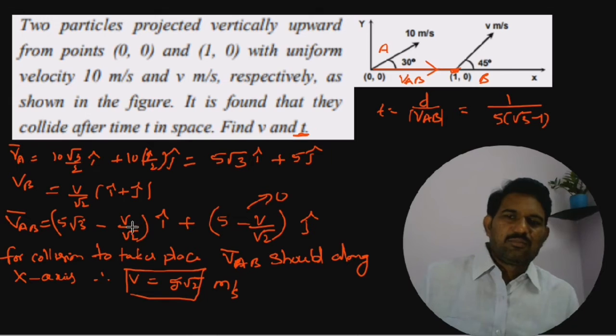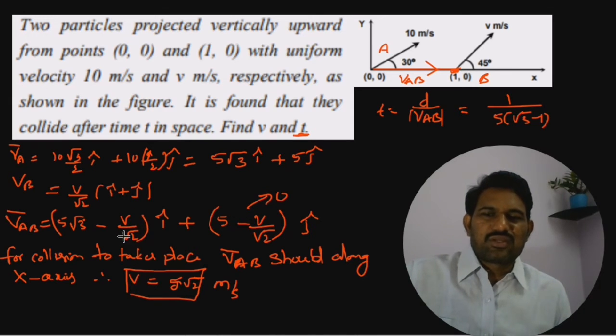Because once we substitute this 5 root 2 here, then V by root 2 is nothing but 5. So 5 minus 5 root 3 minus 5 you will get. So this is nothing but our velocity of A with respect to B, and because this y component value is equal to 0, you can further simplify this, then you will get this time here.